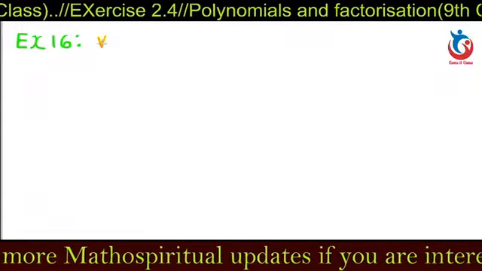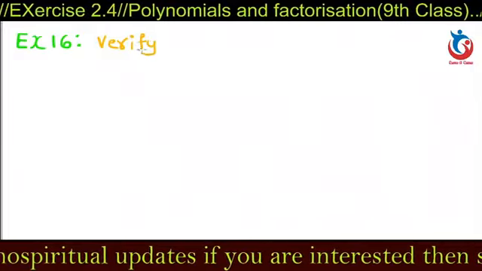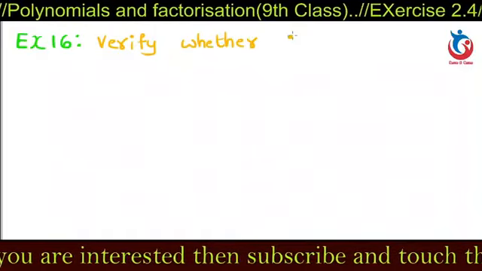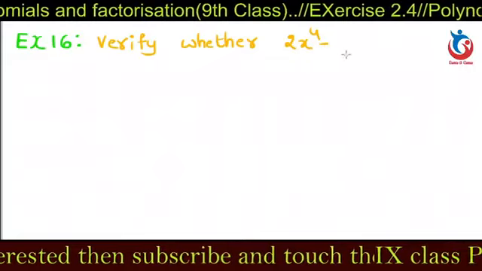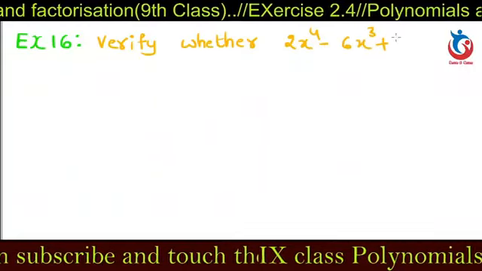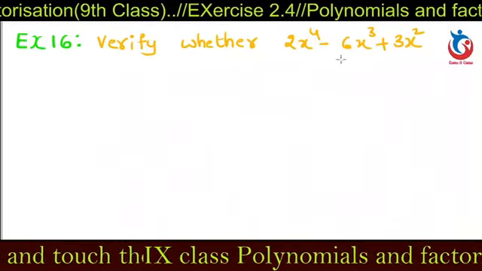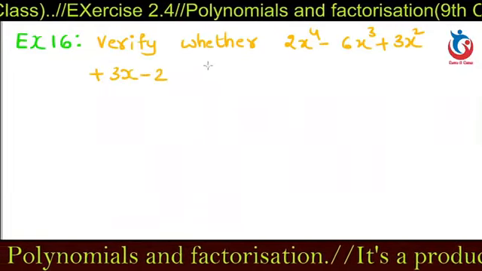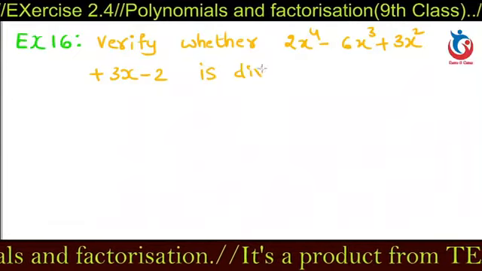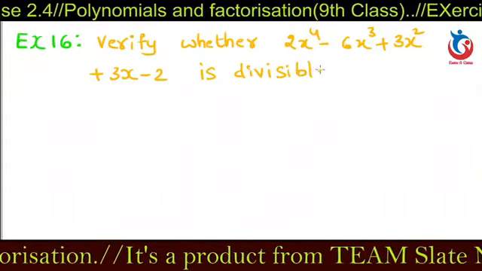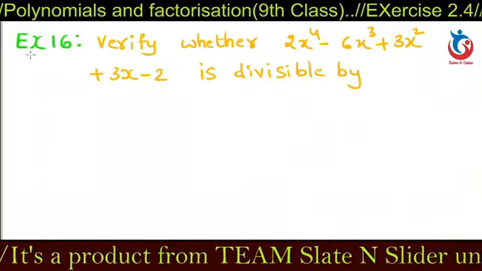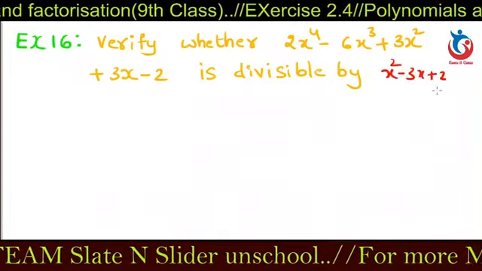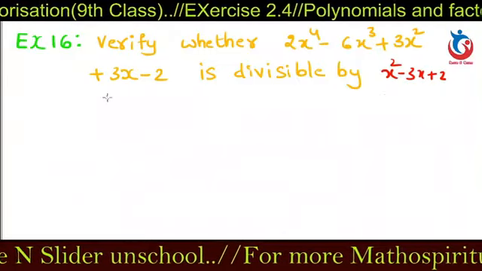Verify whether 2x power 4 minus 6x cube plus 3x square plus 3x minus 2 is divisible by x square minus 3x plus 2 or not.